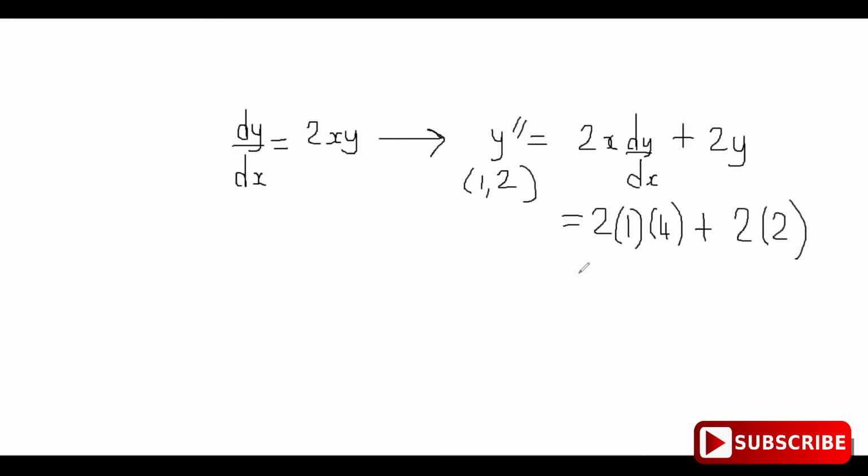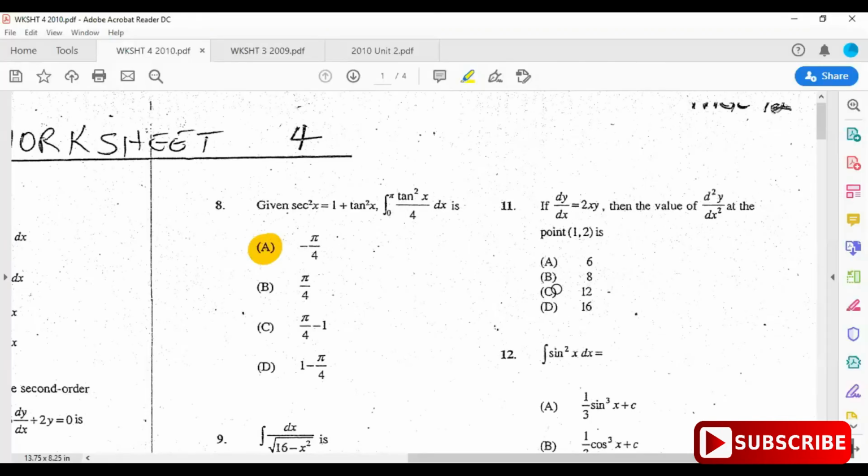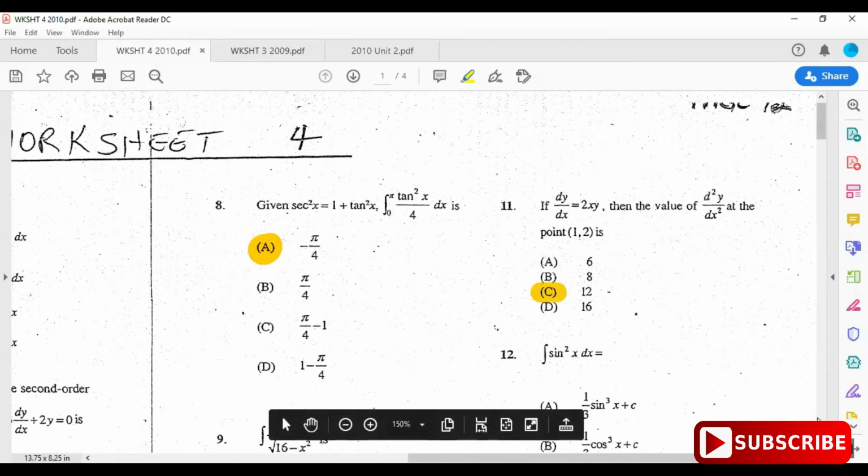And so the second derivative at this point is 8 plus 4, which is 12. All right? That's how we get the second derivative at the point 1, 2. There it is, 12.